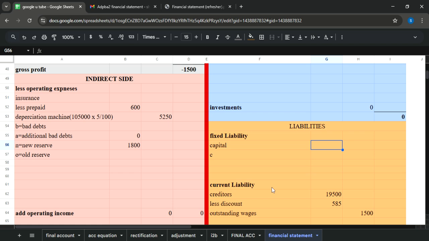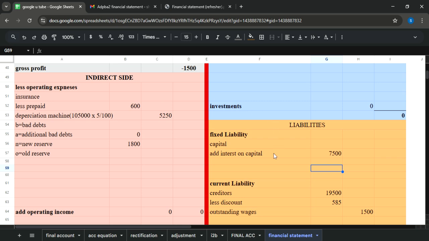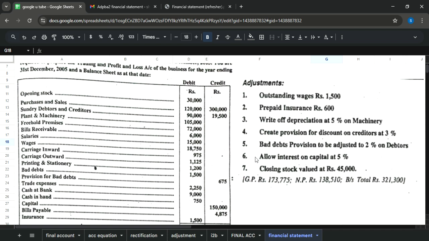Then you need to add interest on capital, which we have just calculated. 7,500 interest on capital would be added. Okay, both effects are completed. Interest on capital calculated on expense side and then you have added it in your capital. It means our sixth adjustment is completed.